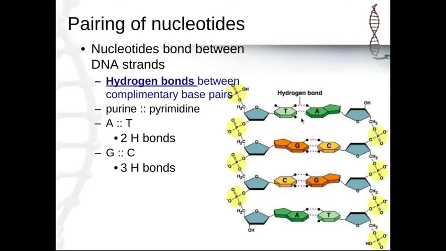You don't have to know how many are between each base, but what you do need to know is that these hydrogen bonds, they're calling them a bond, but it's really not a bond like an ionic bond or a covalent bond. It's not as strong. It's a pretty weak bond, okay? It's more like an attractive force, if anything, between the bases.